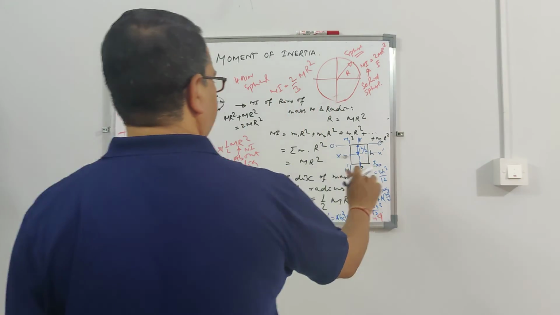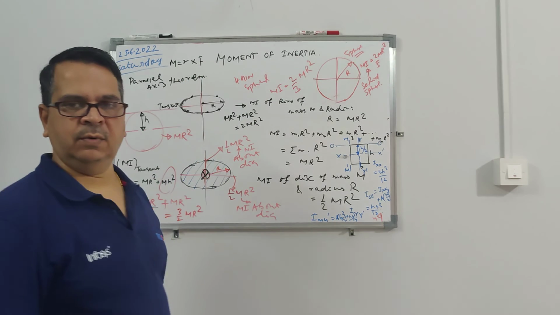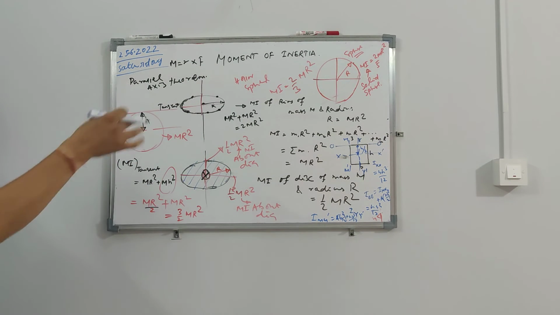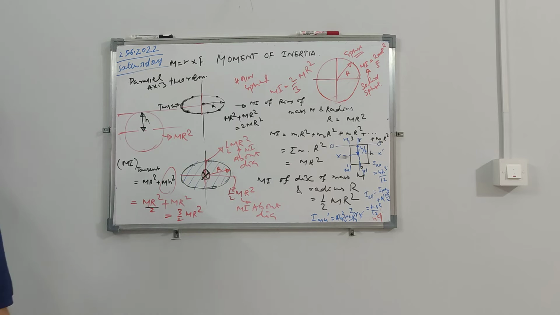Normally we find the moment of inertia about the CG, but if you want to find it about another axis, you just have to add the total area or total mass into the distance squared from the centroidal axis. Suppose you want to find it at the tangent. What is the distance of the tangent from the diameter? Normally it will be d by 2, or a radius, if you're taking the center of mass.